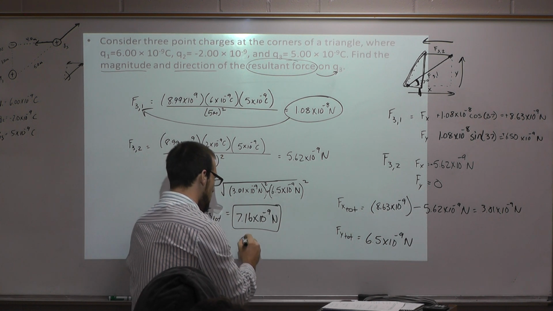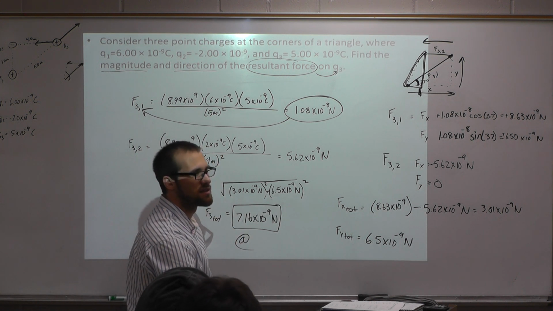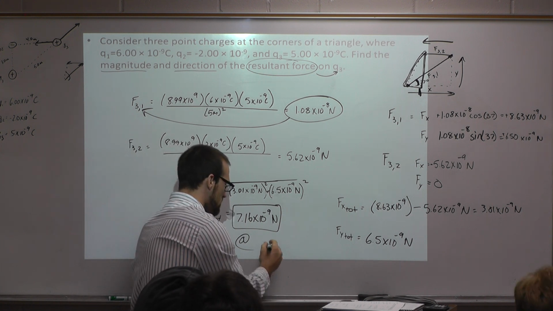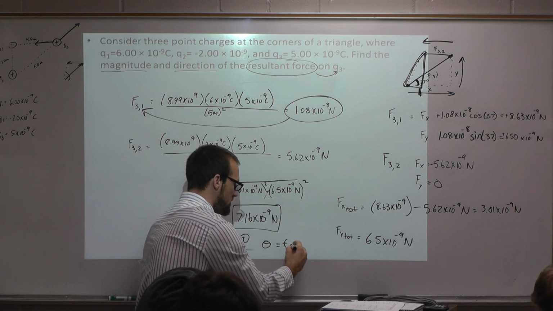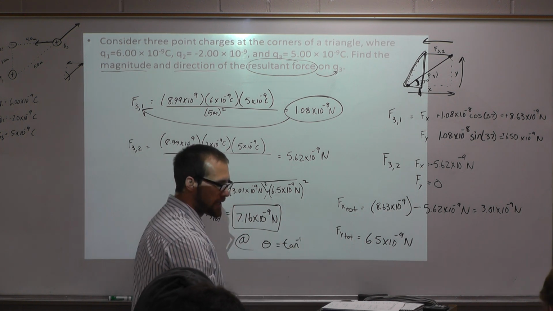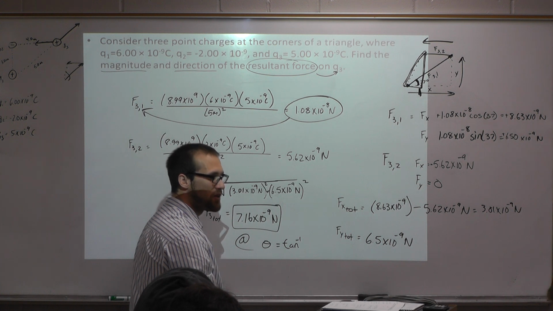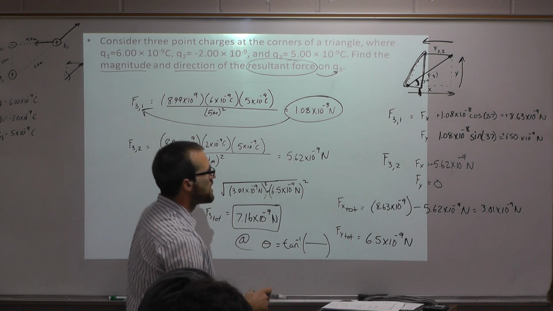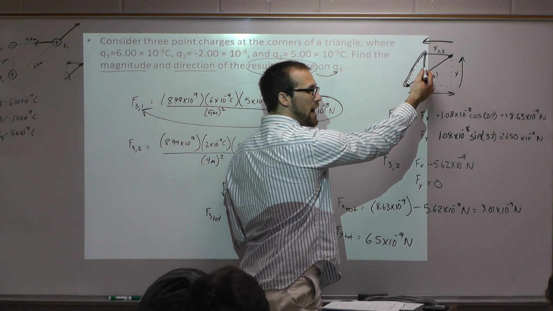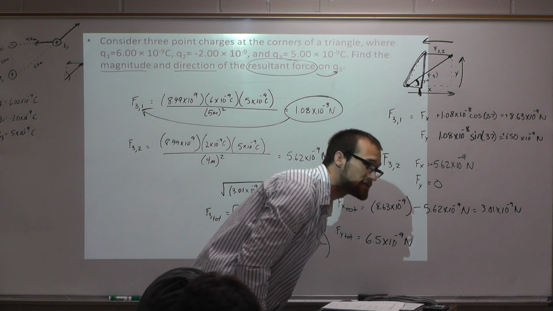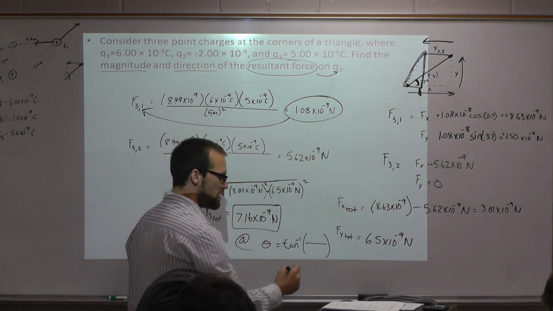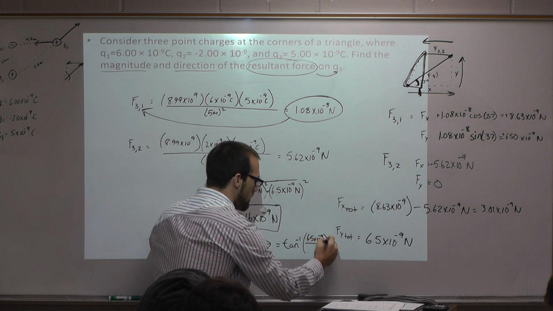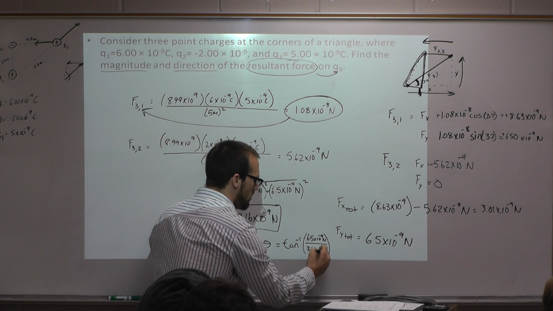And then I want direction. You remember how to do direction? It's inverse tangent. The angle is inverse tangent of opposite over adjacent. My opposite will be my y and my adjacent will be my x. 6.5 will be on top and 3.01 will be on bottom.